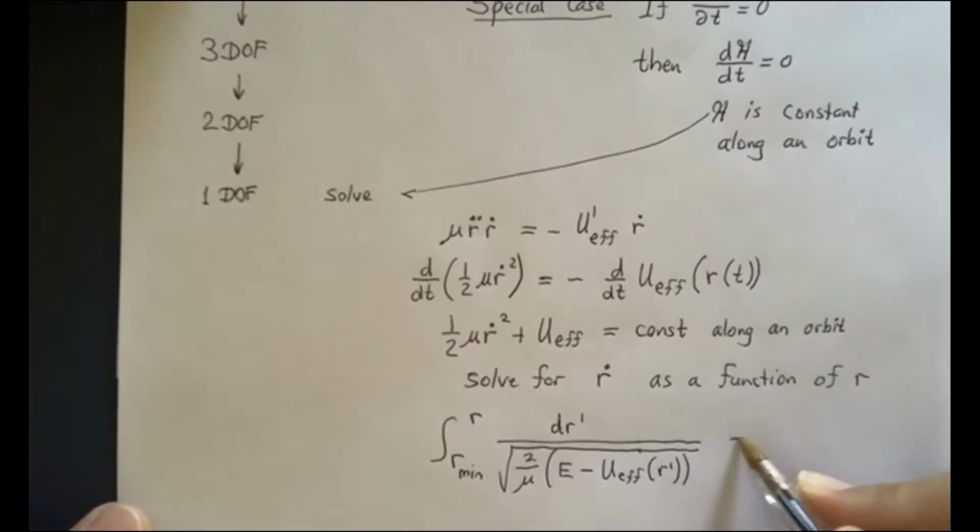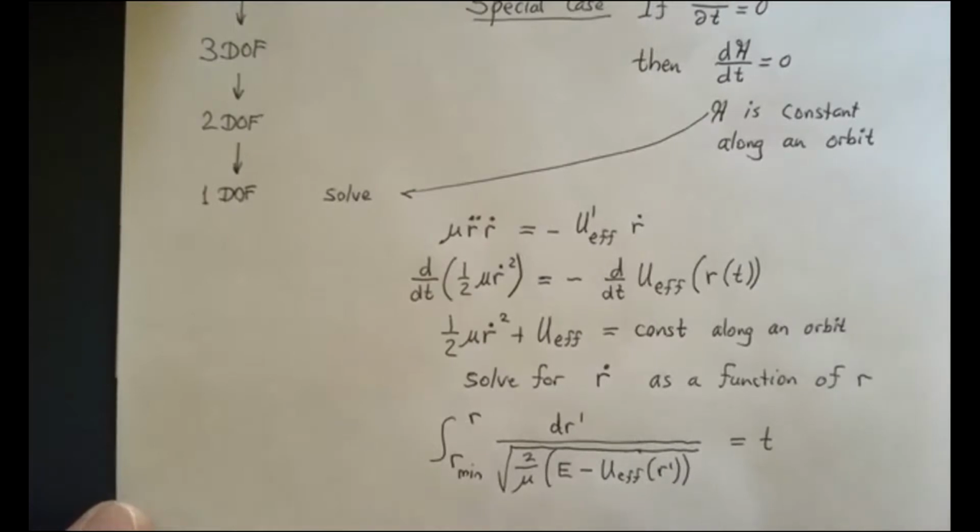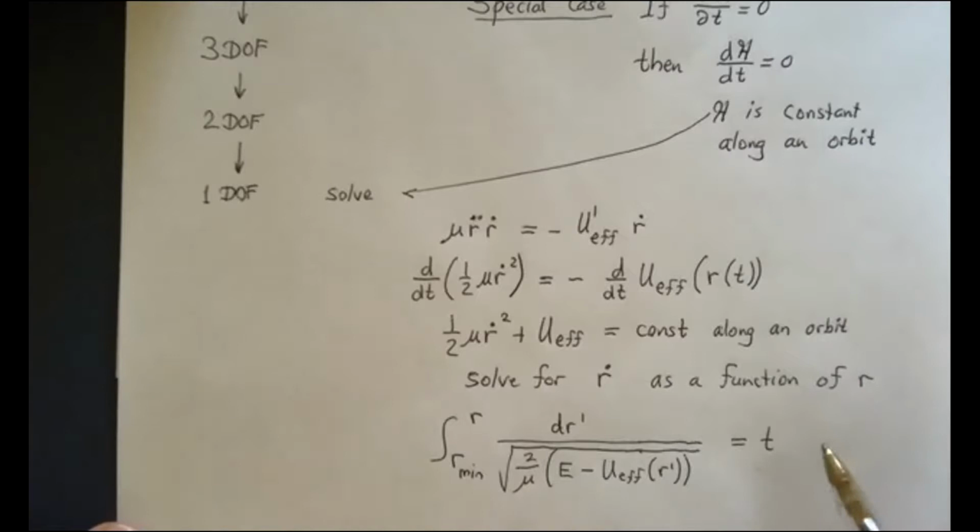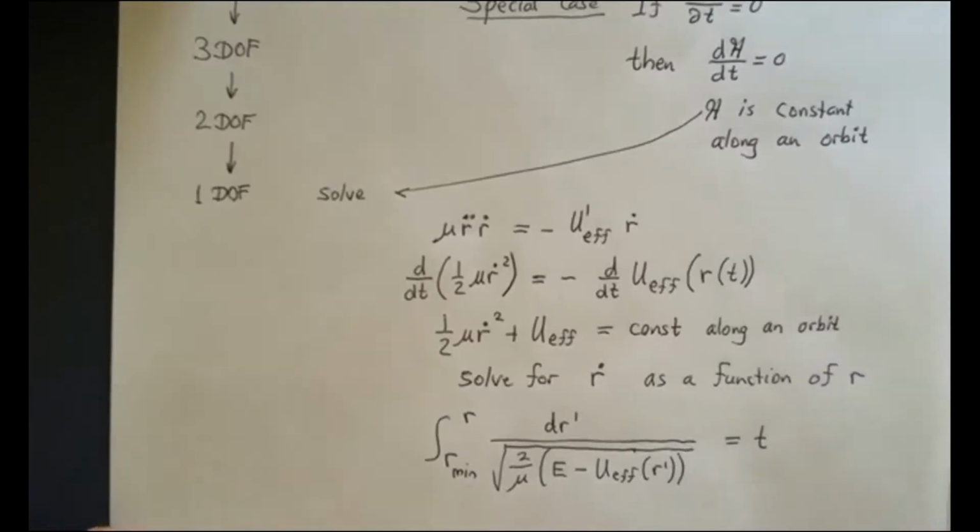This is T. Okay, so this is a big milestone, and we've been harping on this since day one of the course, right? Now we have T as a function of R, right?